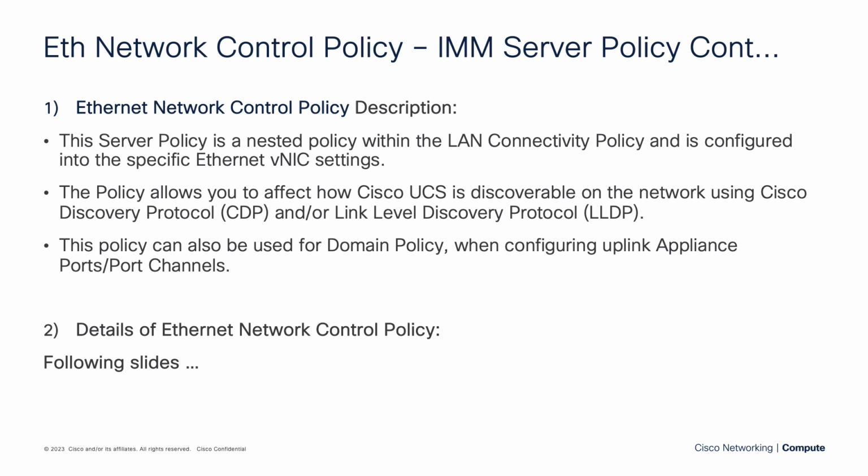You're going to attach it to your LAN connectivity policy when you build that. When you start adding vNICs, then you have the capability to attach this policy. And really, it allows you to affect how discoverable the UCS ecosystem is, your server, upstream. And you certainly have the choice of using either the Cisco Discovery Protocol, which is proprietary for Cisco gear upstream, Cisco switches, or the Link Layer Discovery Protocol.